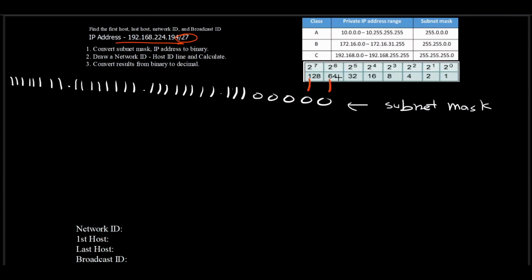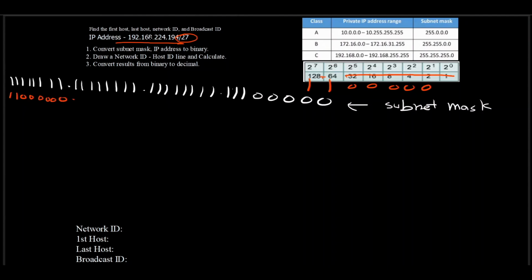So 128 plus 64 is 192. We're going to ignore the remaining, so it's all zeros. Perfect. So this is 192: 1, 1, and the remaining is going to be set to 0.